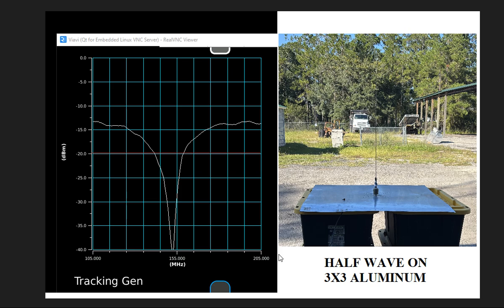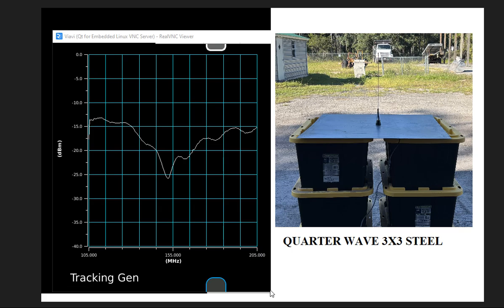Anyway, let's move on to the next one, which is quarter wave on steel. And you can see that steel is not quite as good as aluminum when it comes to ground plane, but it's still very good, and there's no problems with it.